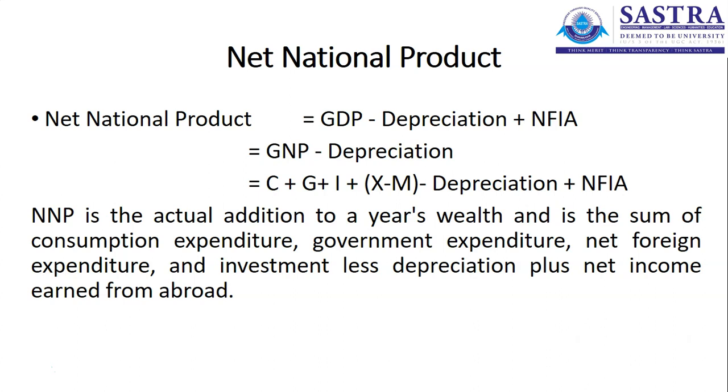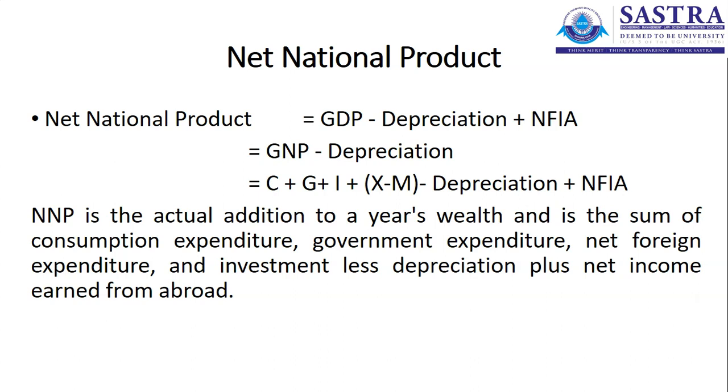And the net national product is calculated as GDP minus depreciation plus net factor income from abroad. It means simply we can say GNP minus depreciation. We are expanding this particular formula. We get the capital expenditure included in this, and we allow the depreciation for the calculation.